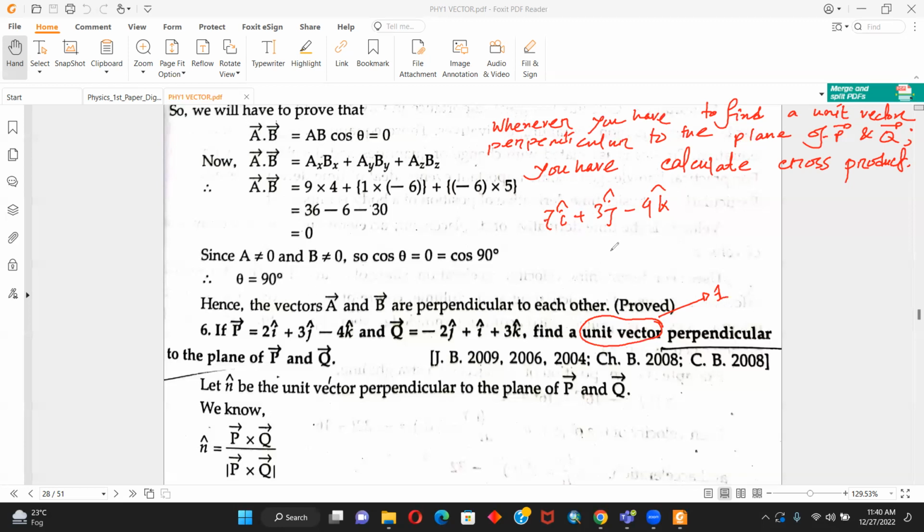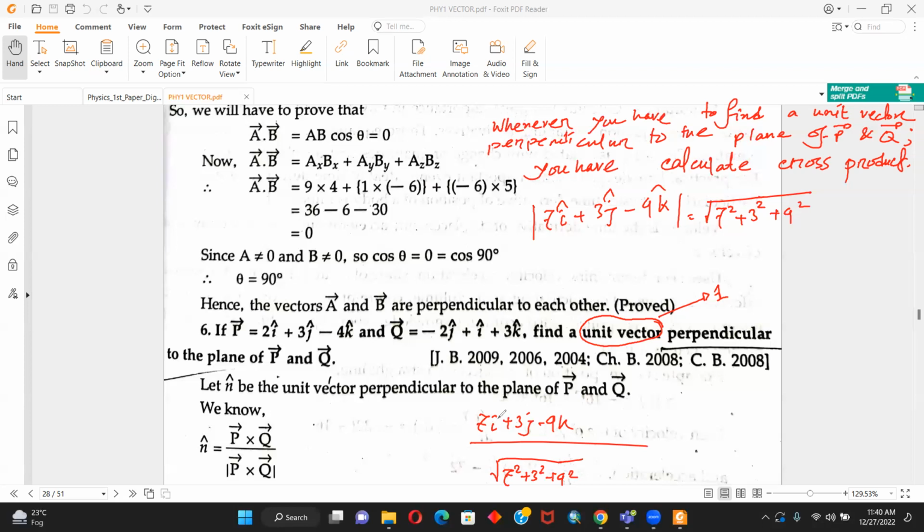Let me clarify it to you. Say this is 7i plus 3j minus 4k, for instance. Now, what is the modulus value for this? It will equal the square root of 7 squared plus 3 squared plus 4 squared, right? Okay. Now, if I divide this vector, that is 7i plus 3j minus 4k, by the square root of 7 squared plus 3 squared plus 4 squared, what will be the value of this whole vector?